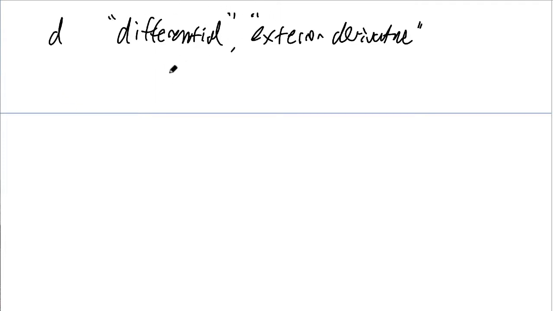But we also often interpret it as a small change in something. Okay, how do we relate these points of view? So let's, in particular, look at the exterior derivatives of the coordinate functions. These are the basis covectors.